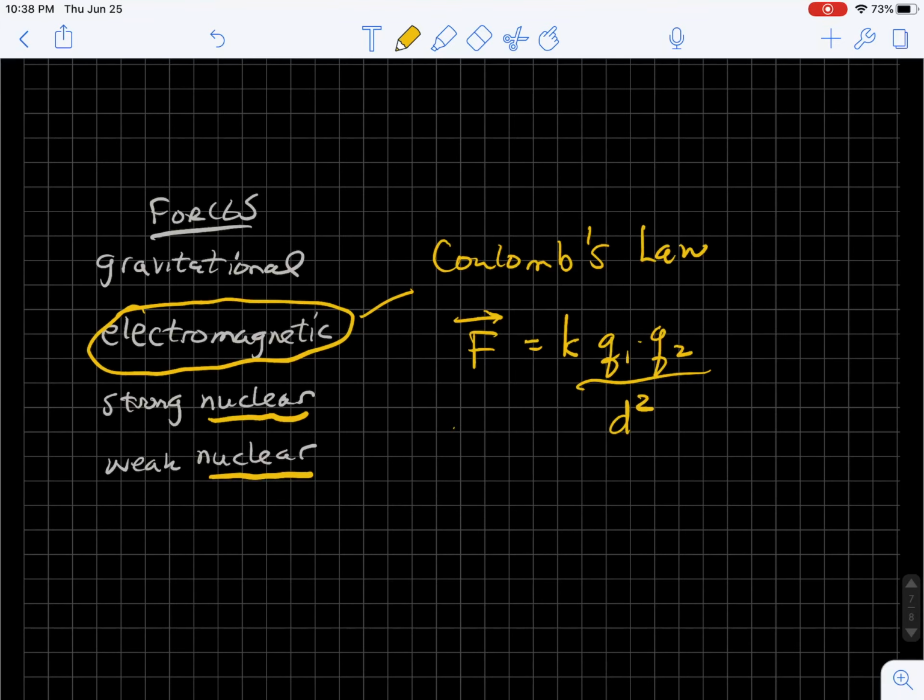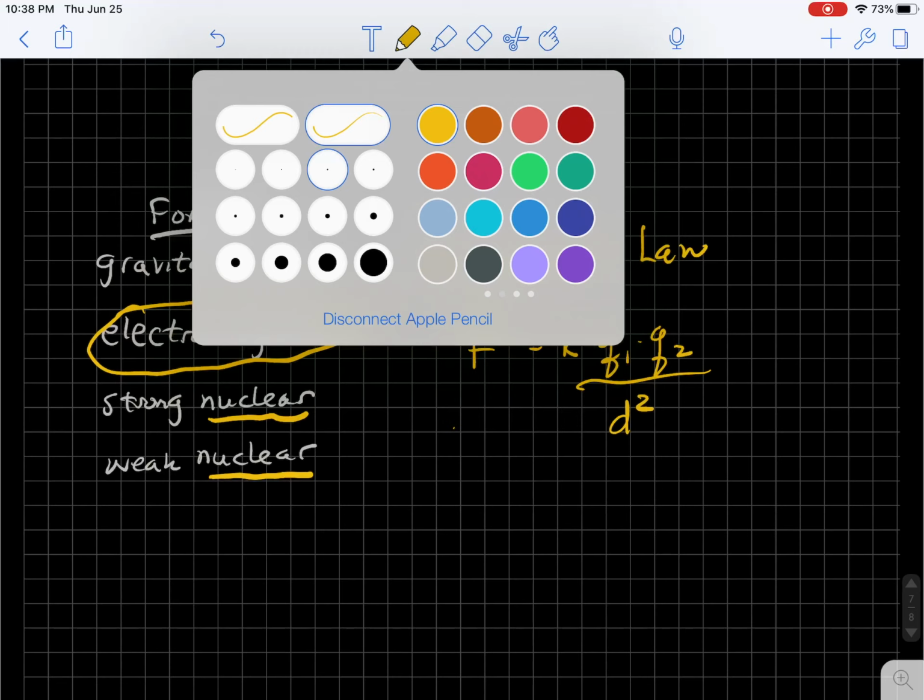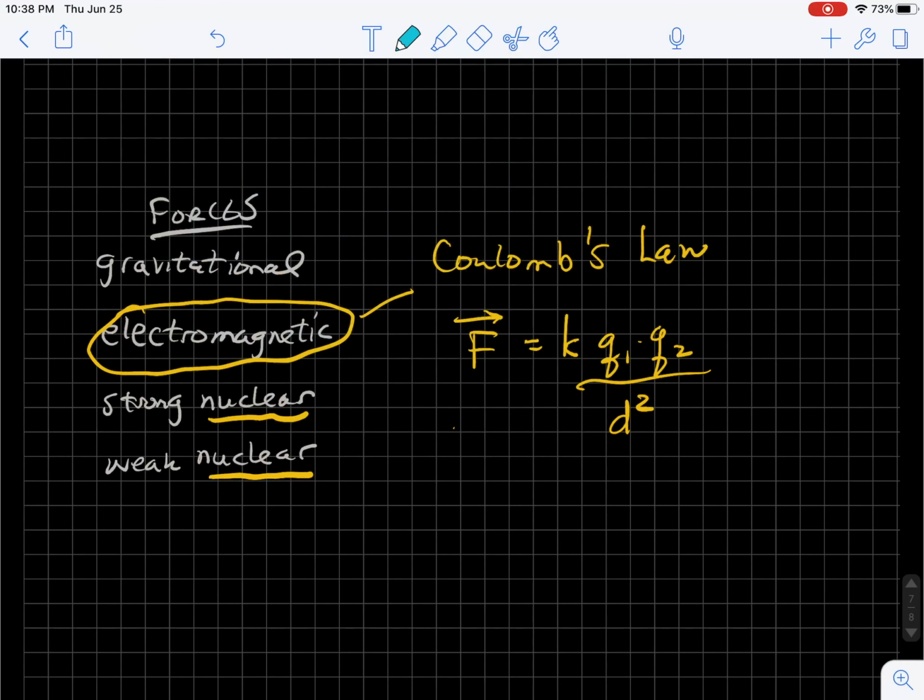All right, so what does that mean? And you already know a lot about Coulomb's law. Q1 and Q2 represent the electric charges. And we know that if these two happen to be both positive, then we have repulsive force. And if they're both negative, then these forces repel.